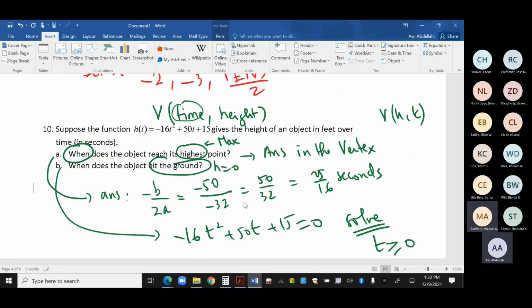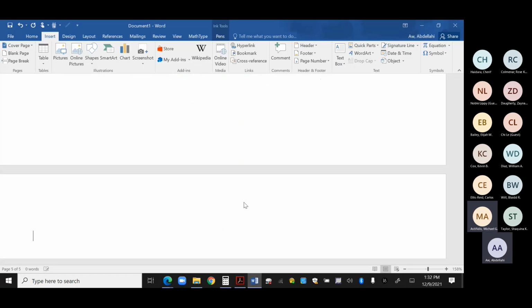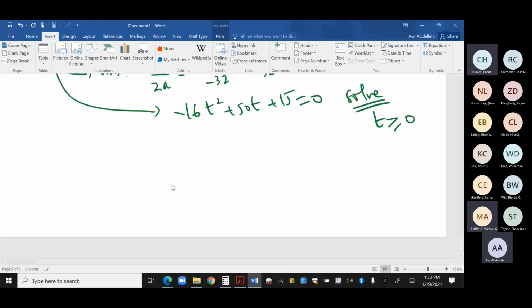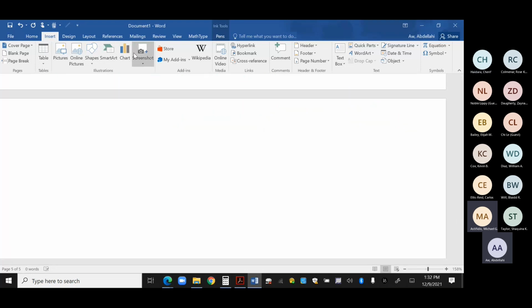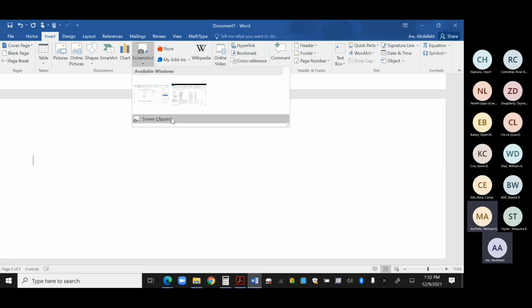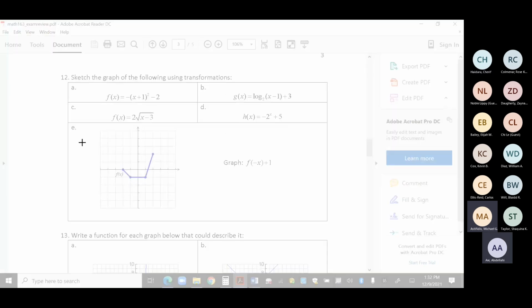At least the first 6 ones: shifting up, shifting down, to the right, to the left, and then reflection on the x-axis, reflection on the y-axis, at least those 6. Do you remember them? I don't think I will ask you about shrinking, stretching, but I will definitely ask you about something like this.